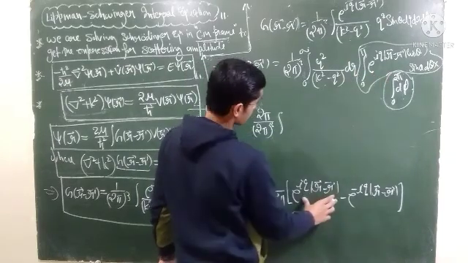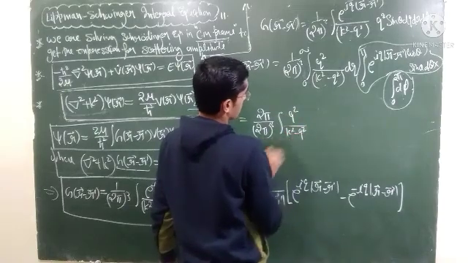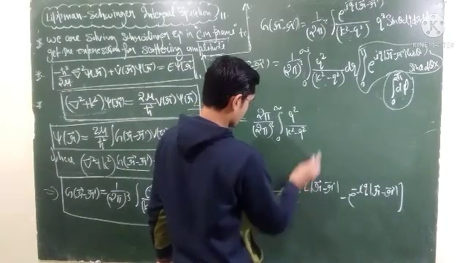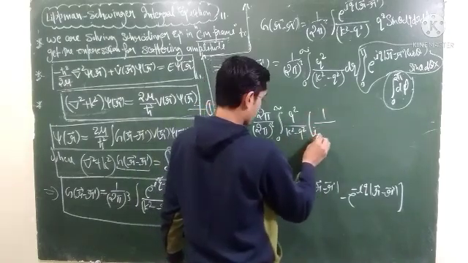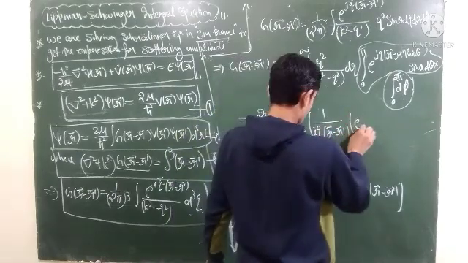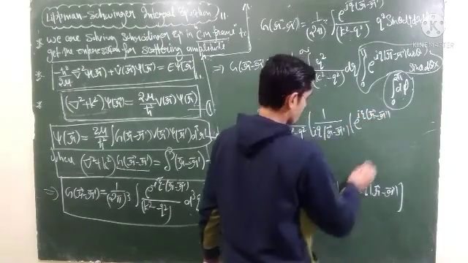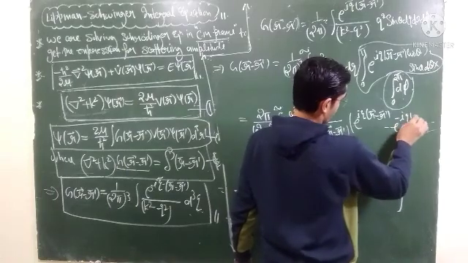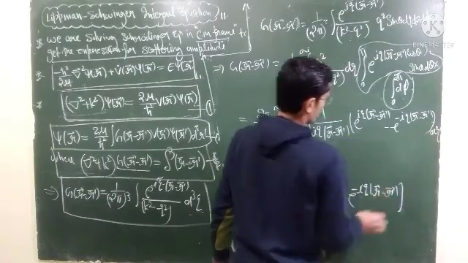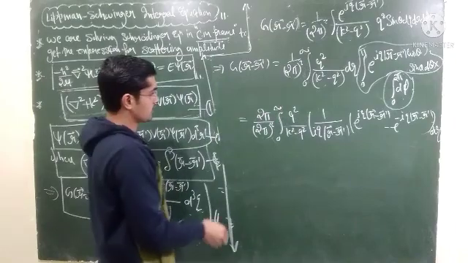The integration of this particular term is this, so let me write it: q square over k square minus q square, and it is from 0 to pi, and this particular term which will be 1 over iota q mod r minus r dash into e to the power iota q mod r minus r dash minus e to the power minus iota q mod r minus r dash and into dq, right? So this is the expression that we have to solve.